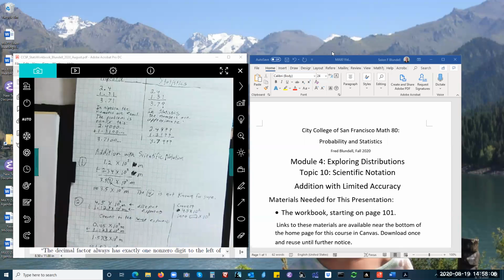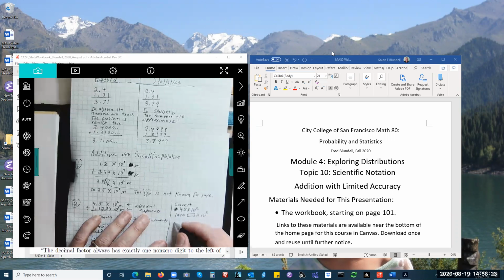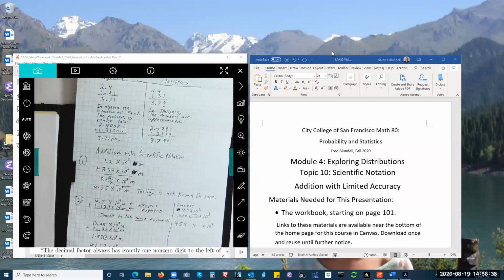So I'm just going to illustrate converting the 4.5 times 10 squared into whatever it needs to be times 10 to the third. So what I'm going to do with my 10 squared is multiply it by 10 to make it 10 cubed.